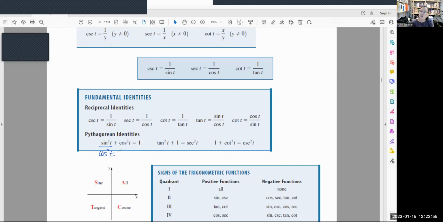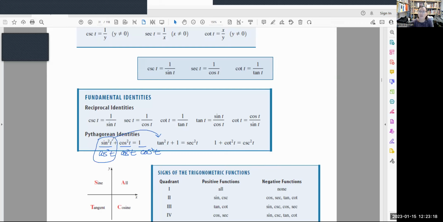Okay. If you notice, if I divide sine squared t by a cosine, I'm going to get tan. So what I'm going to do is divide everything by cosine squared t. As long as I divide every term by the same thing, I'm still in balance. Okay, what I want you to notice is this gives me tan.